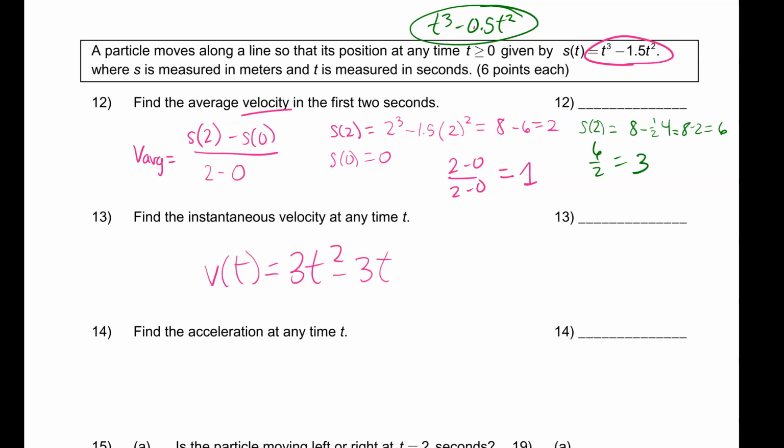It's just the first derivative. And then acceleration is the derivative of velocity, so that's going to be 6t minus 3.